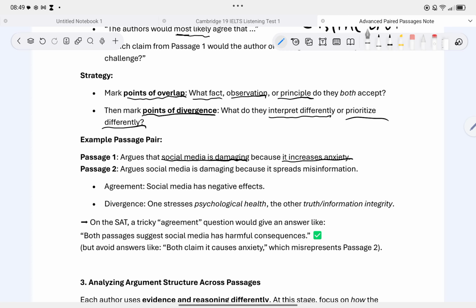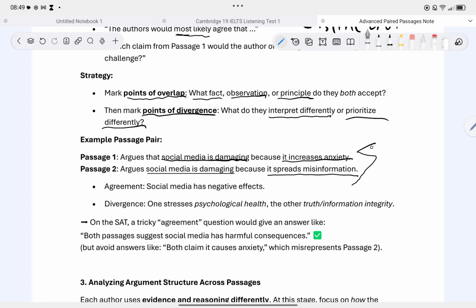Passage 2 says social media is damaging. So this is the point of convergence, not divergence, convergence. Here they overlap. They both agree it is damaging. Now this passage 2 says it spreads misinformation. So you can see there's a subtle difference here. They may agree that social media is damaging, but they differ in their reasons.